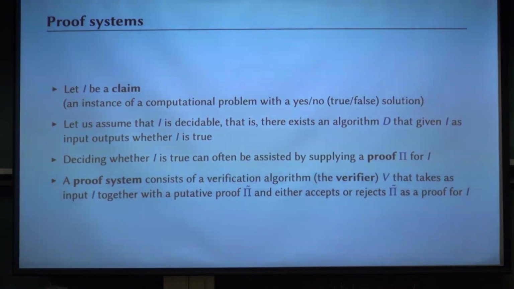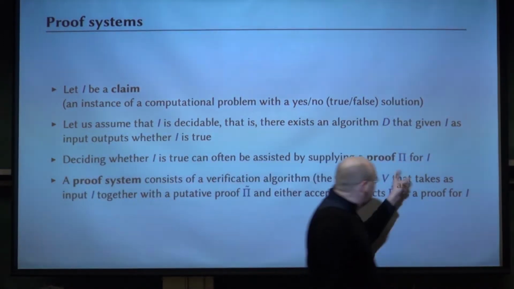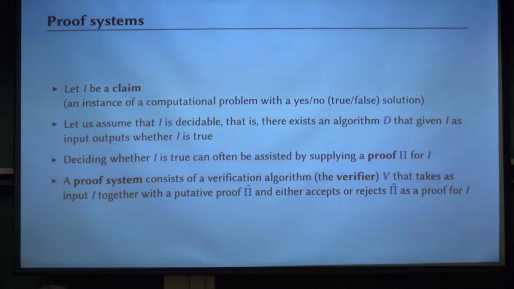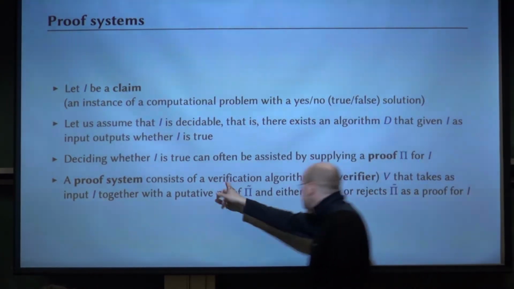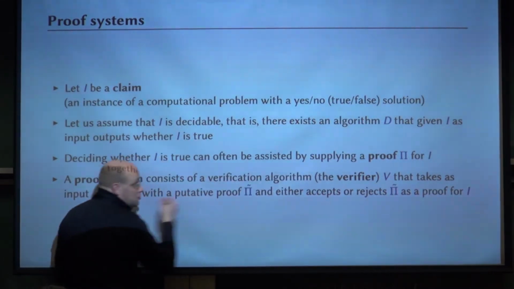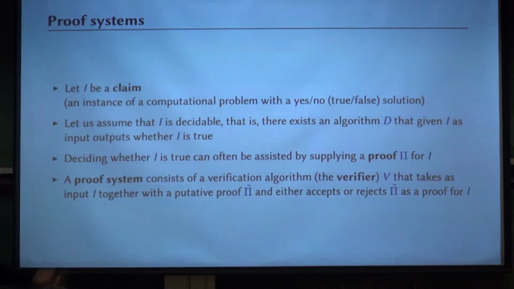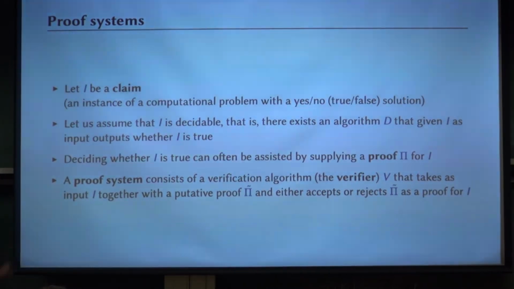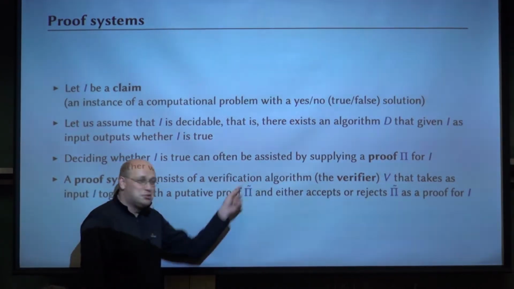And of course, what we would like to do is to somehow ease this effort, so that maybe there is some extra information that we call a proof pi for the instance I that somehow makes things easier, though we don't yet necessarily require that. The proof system basically consists of a verification algorithm, which we call the verifier V, that takes as input the claim that we want to check, together with something that is claimed to be a proof.